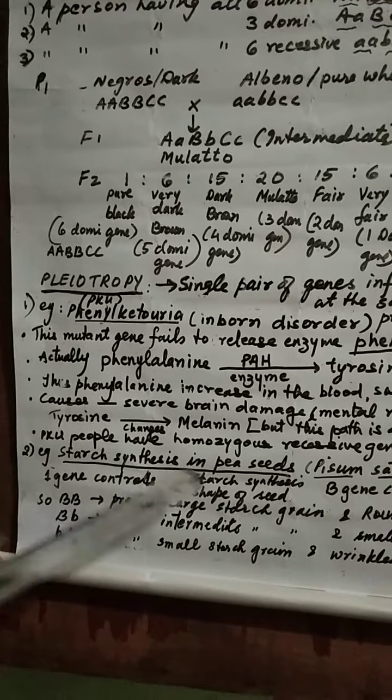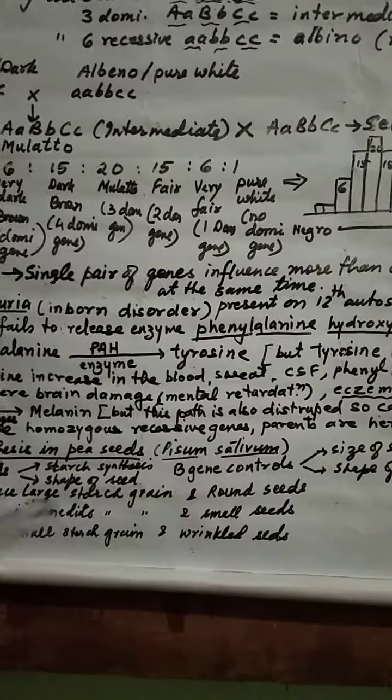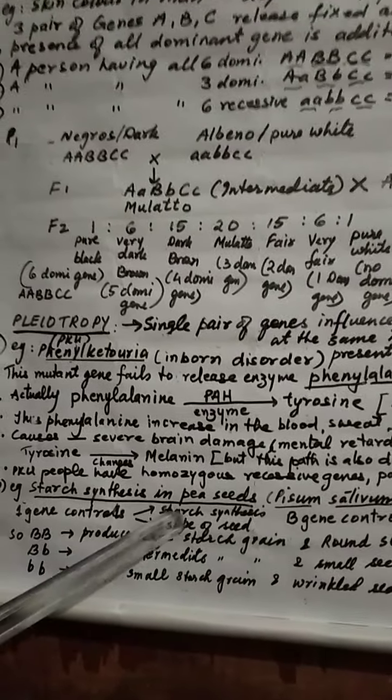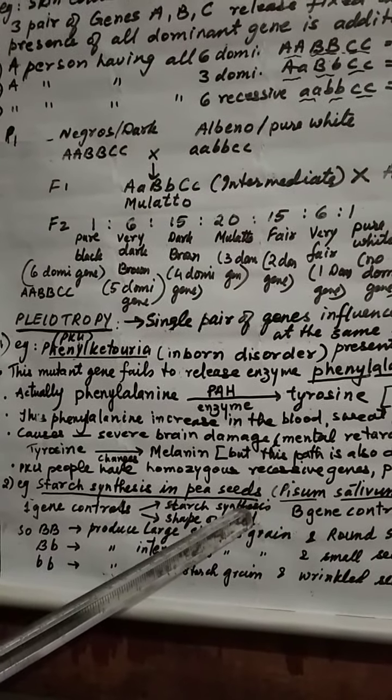The second example of pleiotropy we have to study is about the starch grain in the pea seed, that is Pisum sativum. Now one gene controls two characters in this. One is starch grain synthesis and the other is the shape of the seed.